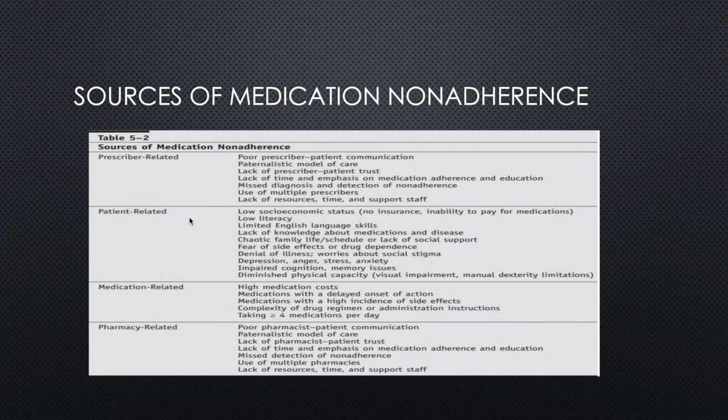So that can definitely be a reason for non-adherence. Also, a chaotic schedule and lifestyle can be a contributor. There's too much going on, and it just leads to them not taking their medication because they're so focused on other things.